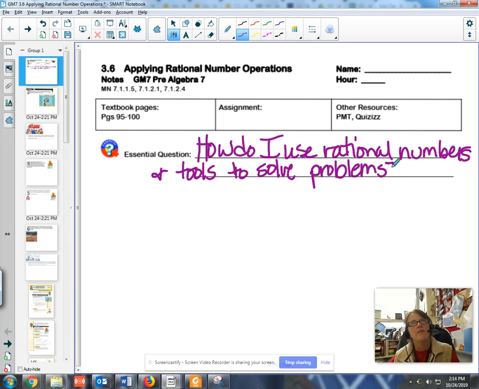So I'll leave that up there for a moment because this one is a little bit more wordy and not as straightforward as the other ones. In addition, you also need a calculator today because no one in their right mind would do a lot of this by hand, and it's just handy.